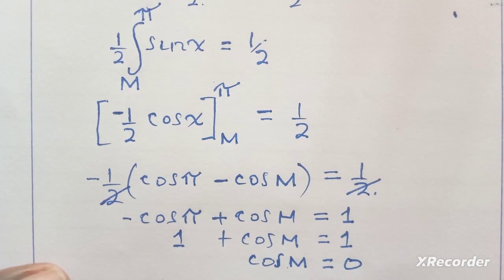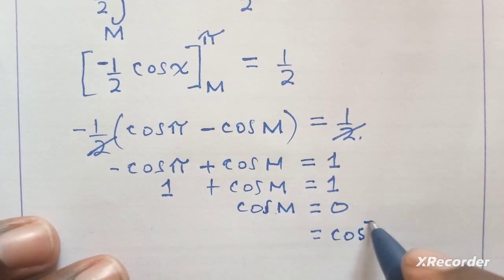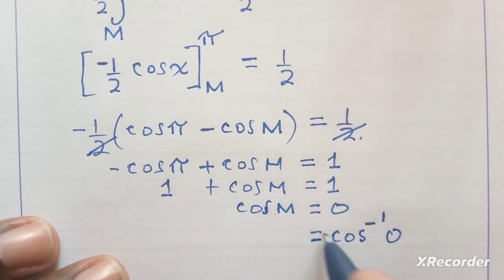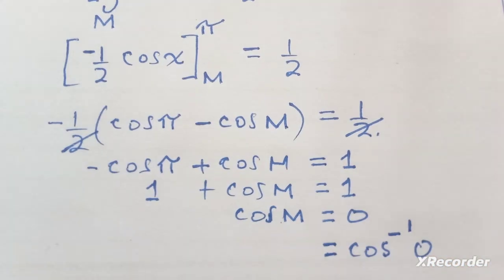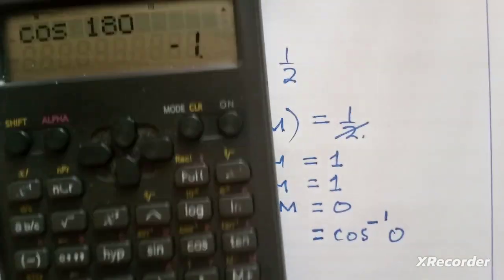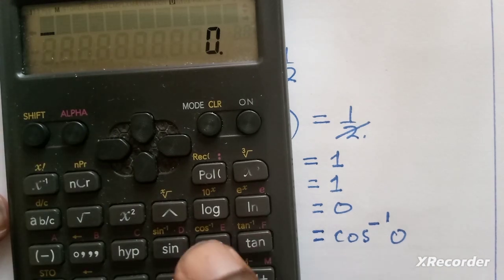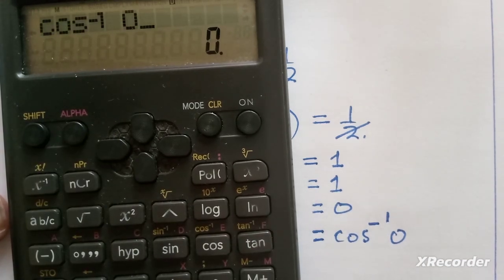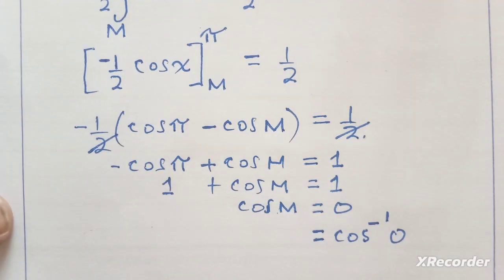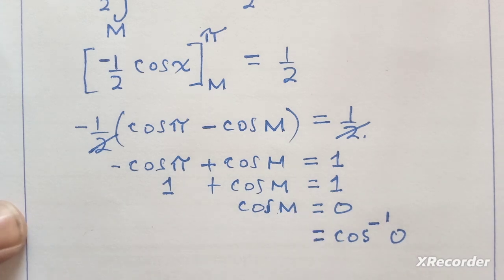Now we look for cos inverse. That's how we get our m, cos inverse 0. From the calculator, cos inverse 0 will give us 90. 90 in terms of pi or radians is pi over 2.